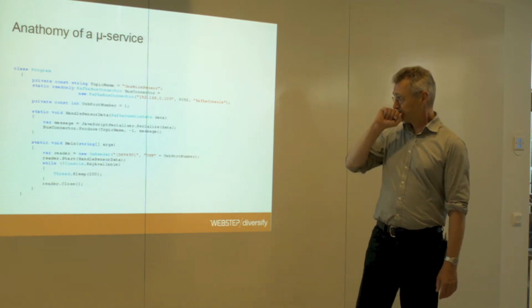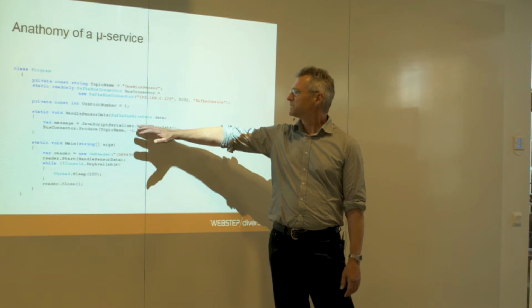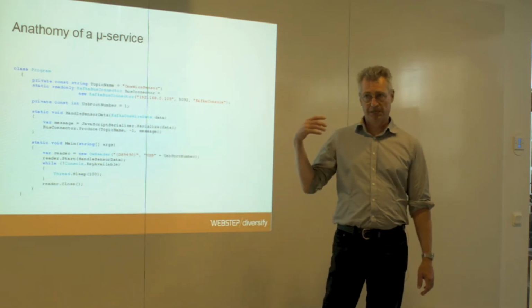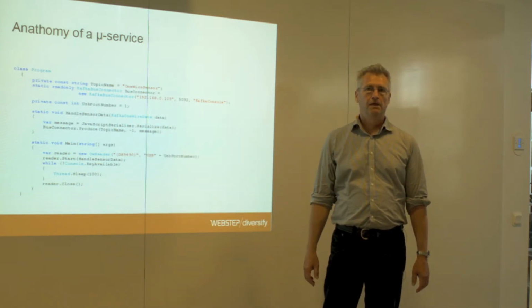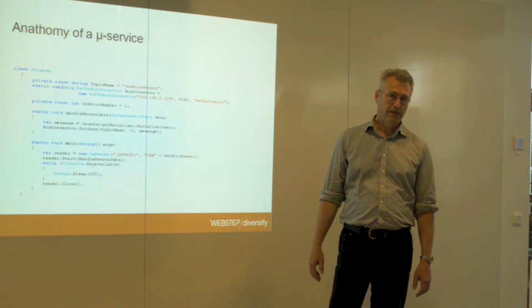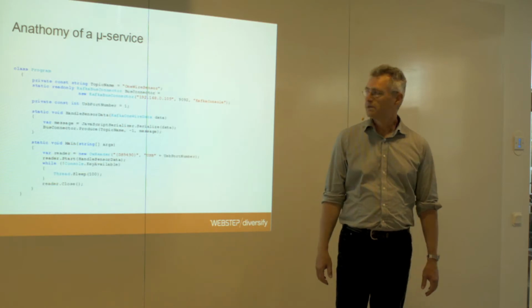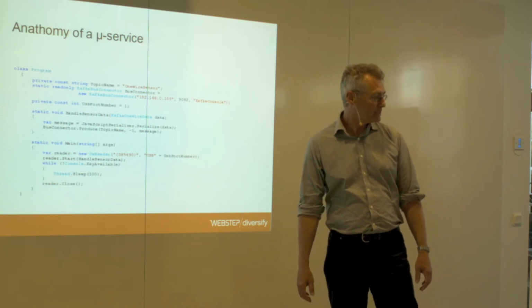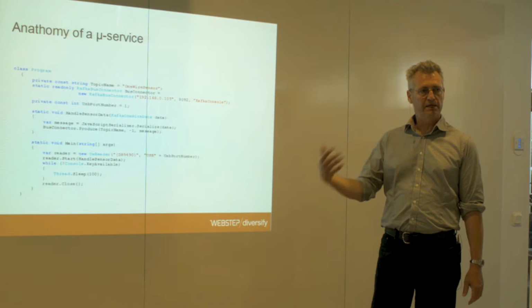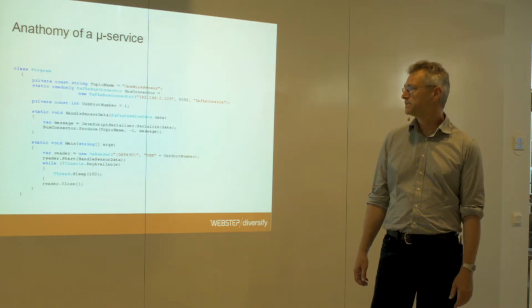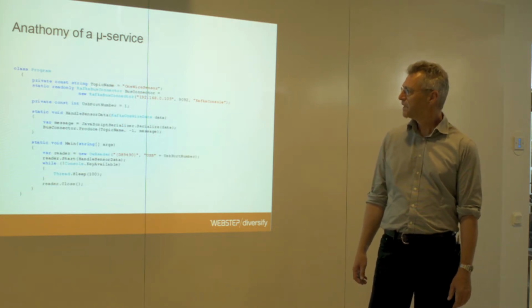The reason I have the serializer here is that I'm sending everything as JSON objects or JSON strings on the bus. So they are readable, they are easy to convert to objects in the Java and the C# end. So pretty nice.